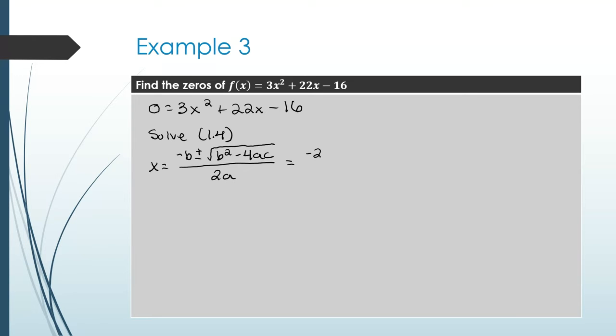So that's going to be negative 22 plus or minus, and then I have b squared, so that's 22 squared, minus 4 times a, which is in front of the x squared term, so that's 3, and then times c, which is the constant term, negative 16. And then in the denominator, there's 2 times a, which is 2 times 3.